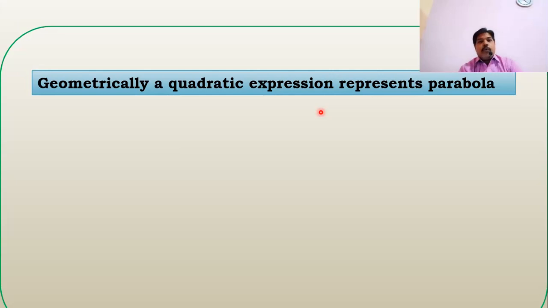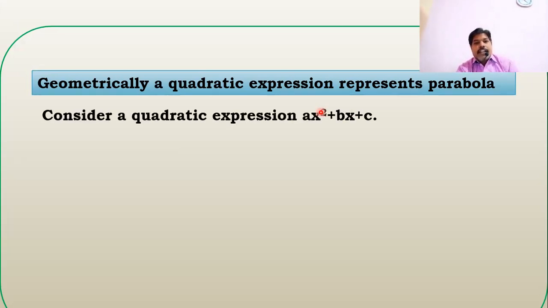So here we are going to discuss the upper parabola and lower parabola. 2 cases will arise. First we have to understand that the quadratic expression represents a parabola. That means one is the upper parabola and the second one is the lower parabola. You can observe in the diagram. It is easy.